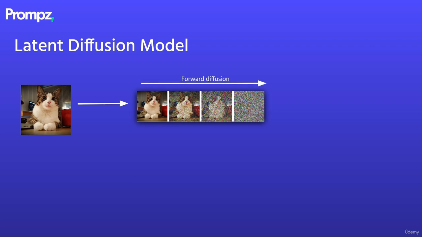Then comes the backward diffusion step. Here, they remove the noise bit by bit, aiming to get back to the clear cat photo. For this cleaning job, they train and use a special model you already heard about, called UNet. UNet looks at the noisy photo, figures out how noisy it is, and starts cleaning it up.